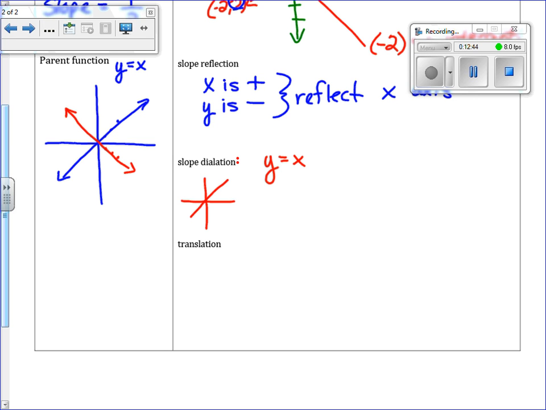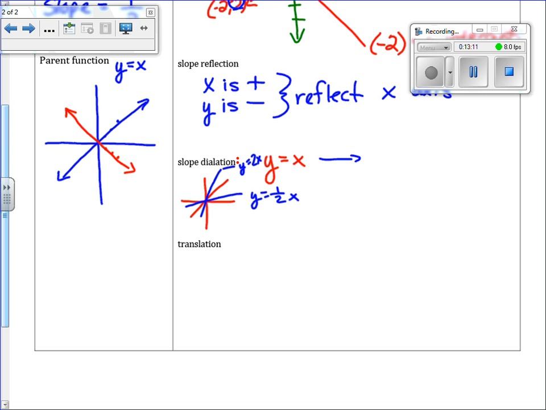If I make my line go like this, then basically what I've done is I've created a slope like y equals 1/2 x. If it becomes steeper, then I have a slope that could be y equals 2x.